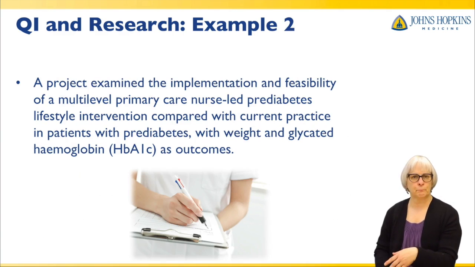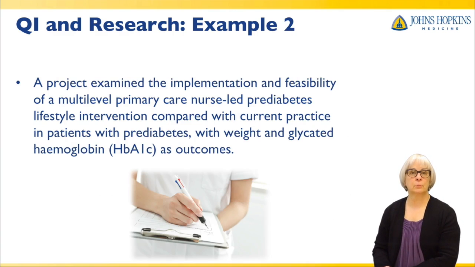And another example, a project examined the implementation and feasibility of a multi-level primary care nurse-led pre-diabetes lifestyle intervention compared with current practice in patients with pre-diabetes, with weight and glycated hemoglobin A1C as outcomes.